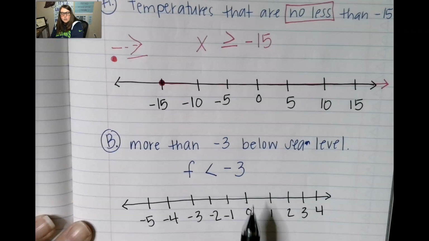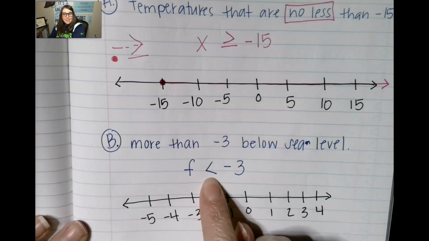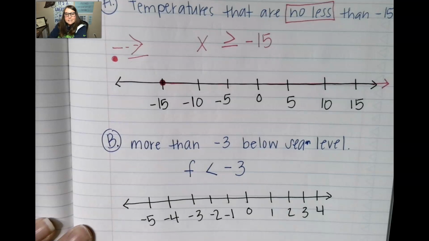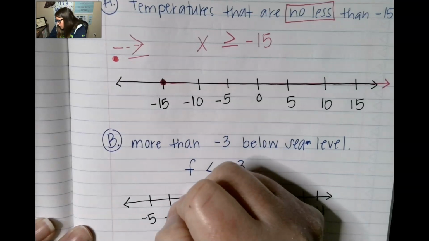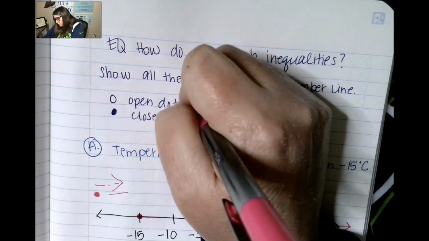And first, let's start with -3. Our number does not include -3. It has to be less than -3. So because it's less than -3 and does not include it, we're going to use an open dot. So an open dot means is not equal to.